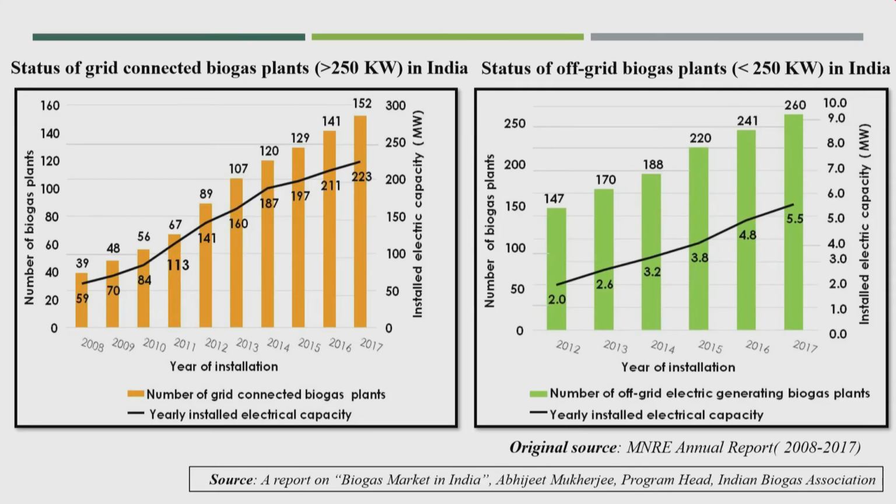And this one is off grid electric generation, meaning I think this is not connected with the grid. That number is also very large, around 260 biogas plants are available, with size less than 250 kilowatt, and yearly installation is also 5.5 megawatt electricity production.